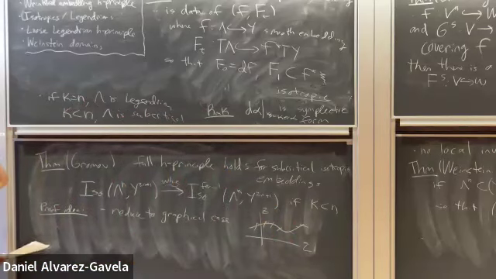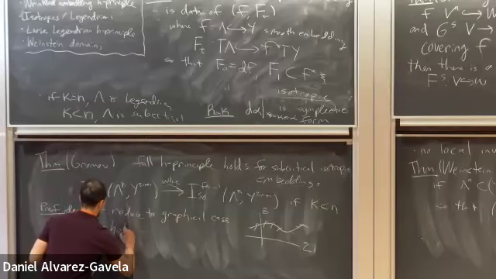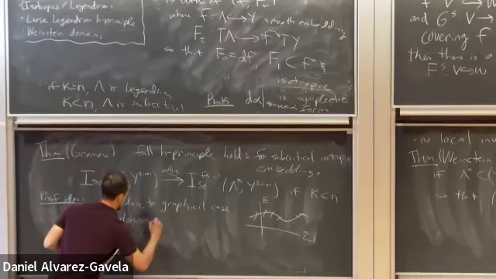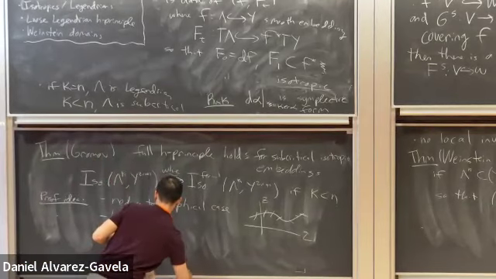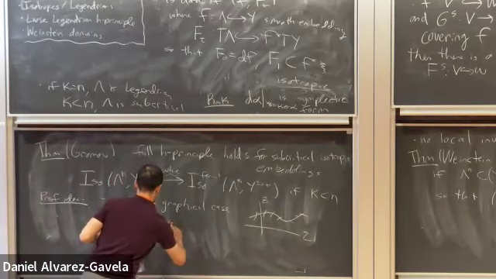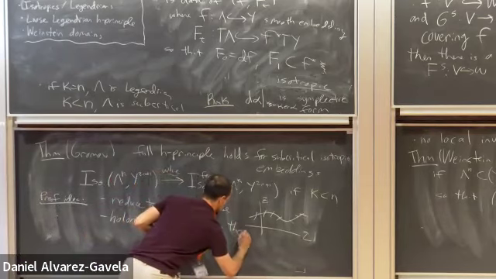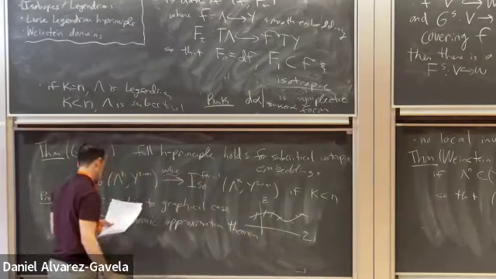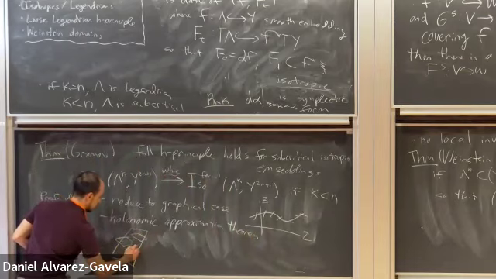So there's some work to reduce to the graphical case, and then you apply the holonomic approximation theorem. So this is going up the mountainside, right?